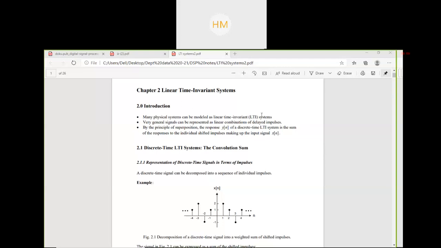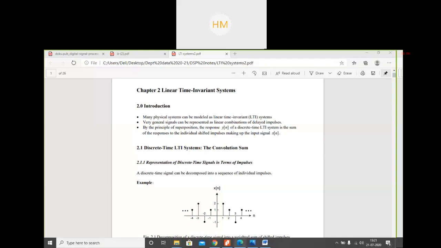So linear shift invariant systems or linear time invariant systems. What do you mean by linear systems? That also we will discuss today. And see, the major difference between linear time and shift is that one is used for continuous systems and the other is used for digital systems.